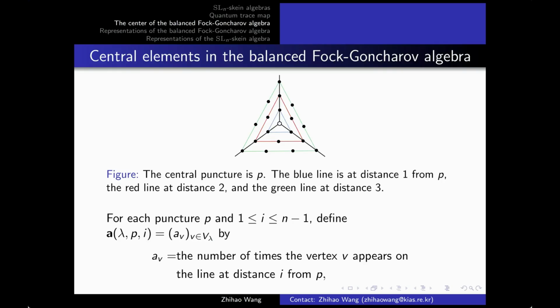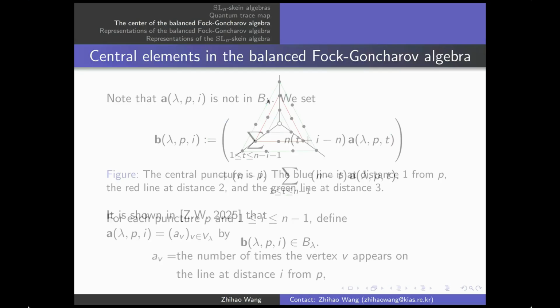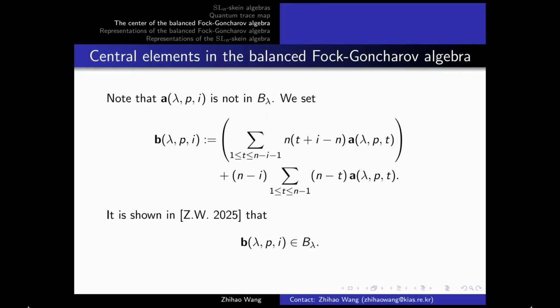Okay, so this is the definition of the vector A. But the problem is that A is not contained in the balanced part. So now we need a vector contained in B_lambda. This is why we define the vector B using the vector A. So this is the definition of B_lambda,pi.